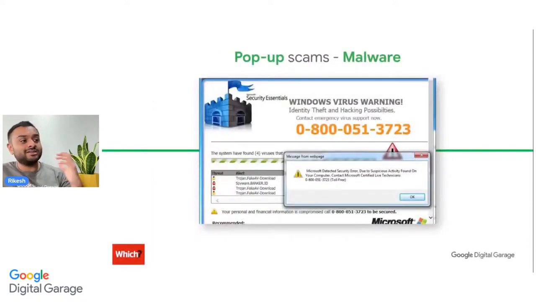Now, I remember getting this exact scam on my laptop a number of years ago now, and it scared me. I was like, oh, what do I do? Luckily, I just thought, right, let me go onto another device, Google this, and find out what this is all about.